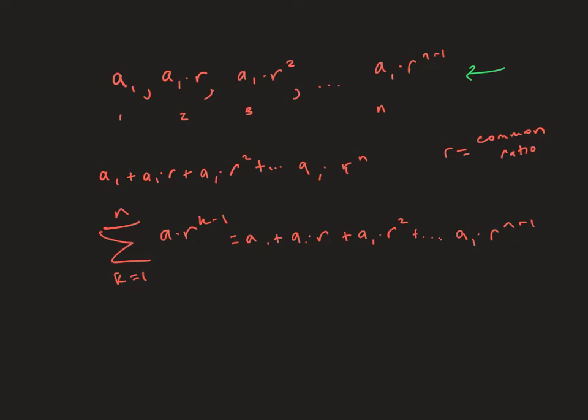So our first step is to multiply both sides of this equation by 1 minus r. On the left, we're going to have 1 minus r times this big sigma equals 1 minus r times our sum, in parentheses. From here, we're going to do a little bit of rearranging.